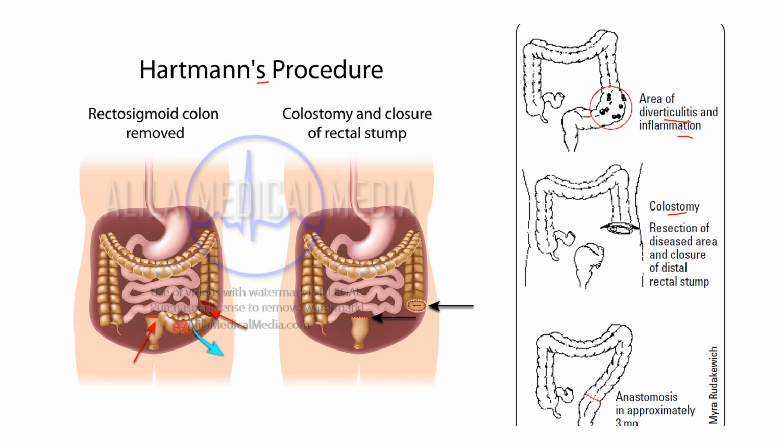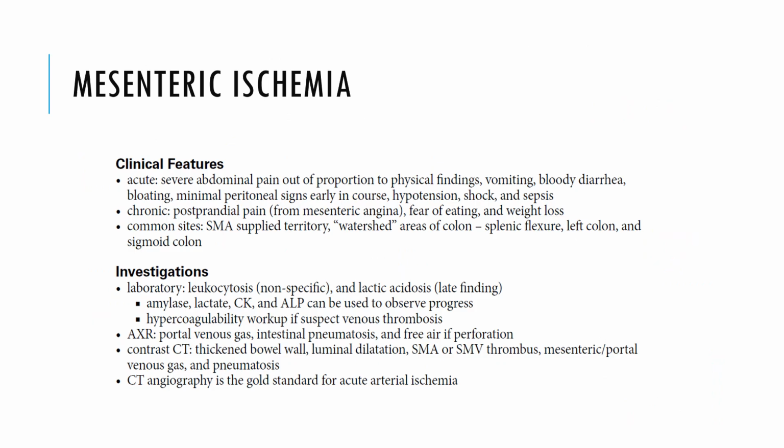So the diseased area is resected and there is closure of the distal rectal stump. This stump is closed and then you do a colostomy. Then after approximately 3 months you can do a revision with anastomosis. That is a Hartmann procedure. First you do a resection with the distal stump being closed and you do a colostomy. In 3 months you can come and revise the procedure and do an anastomosis.